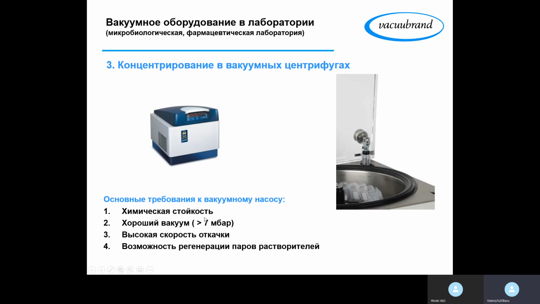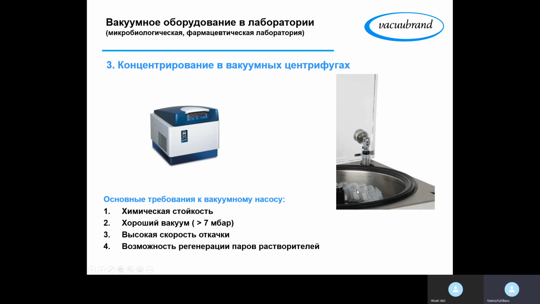There is another application, how do they call it, the rotary vacuum centrifuges. The main goal for this application is the same as for the rotary evaporator, but the technology is different.